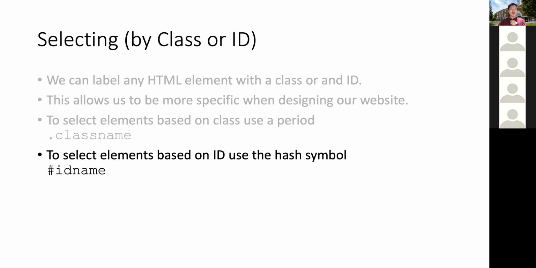We're going to mostly use the ID, because that's something we're going to use later in the visualization. For the ID, you first have to define it, like you define an attribute in the HTML element, and then later on you can refer to that with a hashtag in your CSS rules.